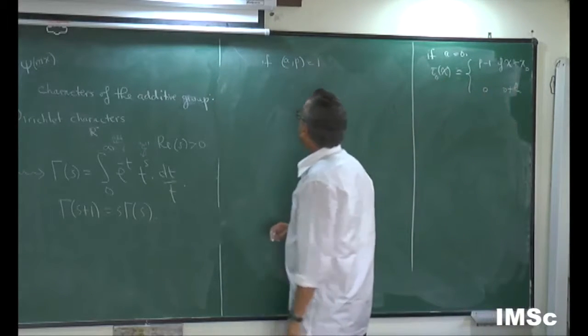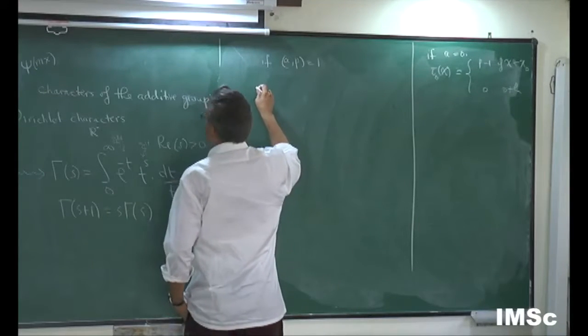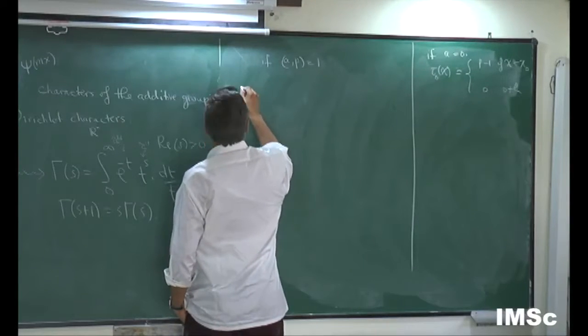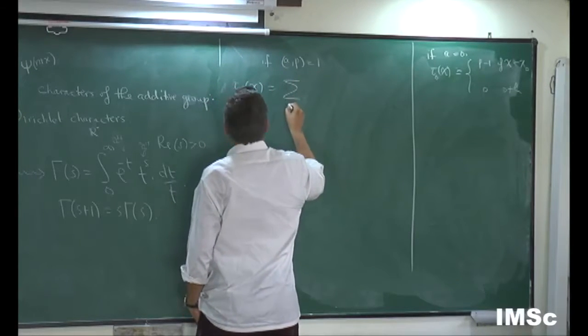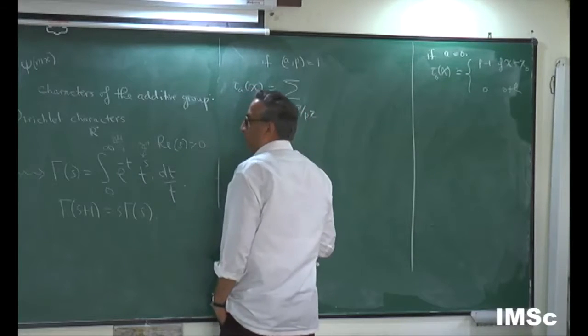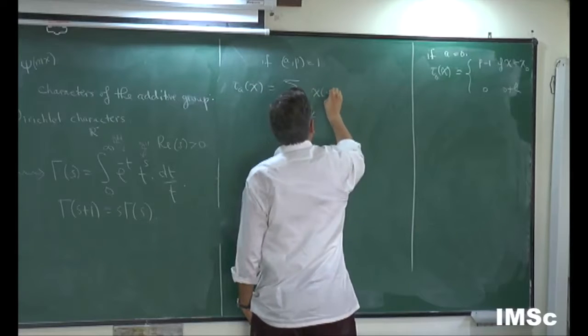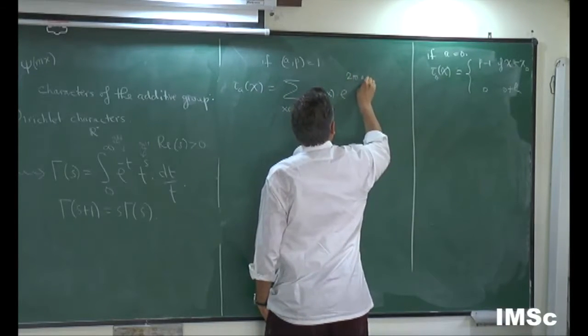If a and p are relatively prime, we could do the following. We notice that tau sub a of chi is equal to the sum over x in Z mod pZ of chi of x e^(2 pi i a x over p).